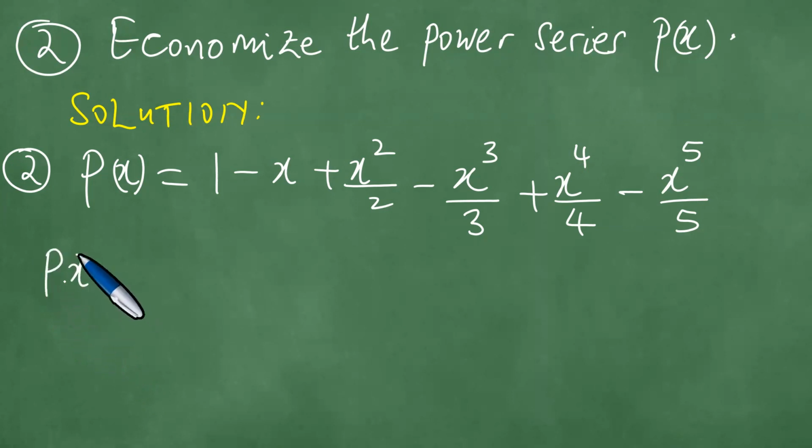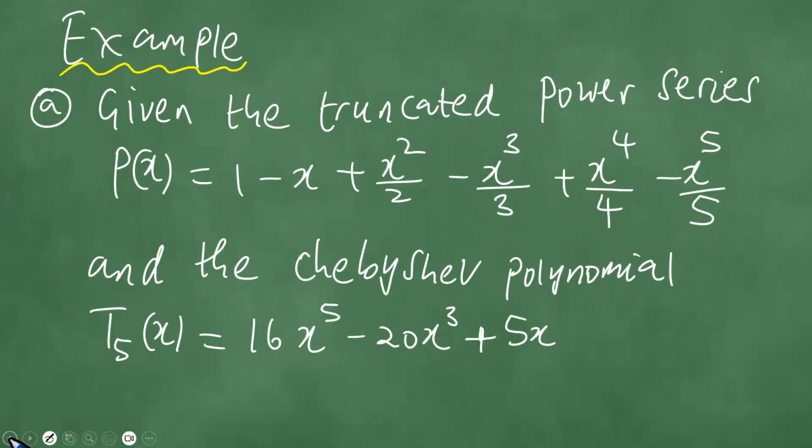We take the P power series that we need to economize and take the Chebyshev polynomial and analyze the degrees of this. In other words, what is the degree, for example? So now we need to remove the highest degree of these. The highest degree is x to the 5th power. So we need to remove x to the 5th power. Now let us check. This one has also x to the 5th power.